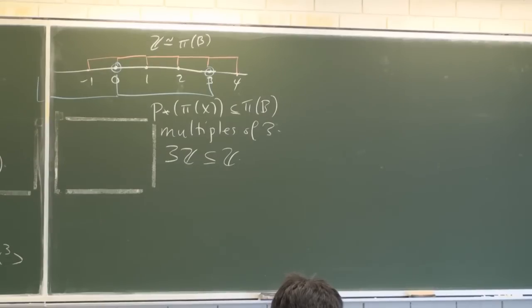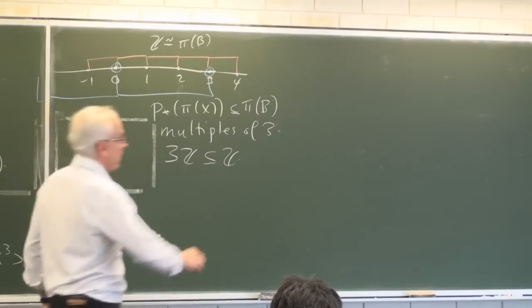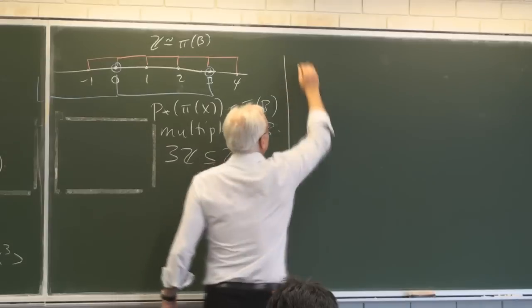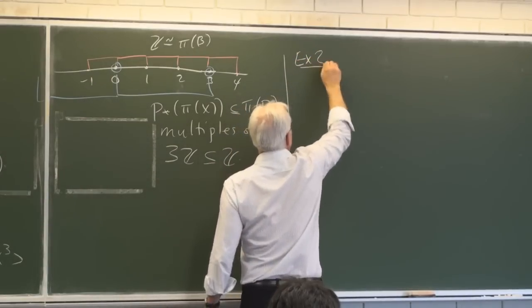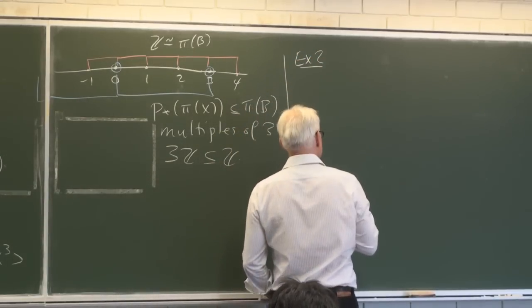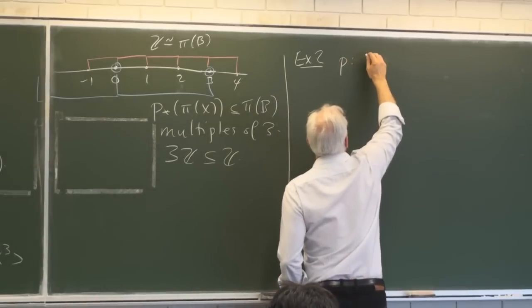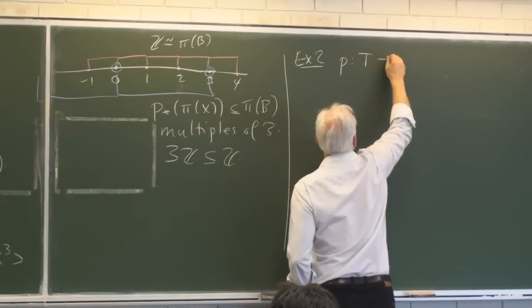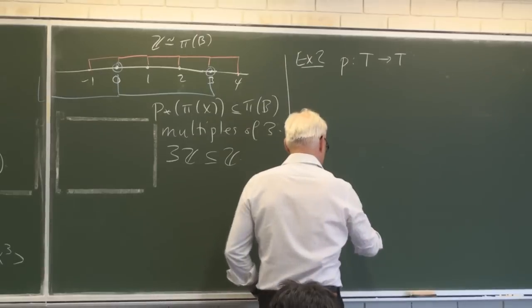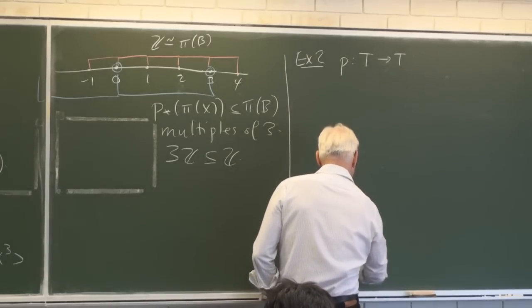Let's look at another example. So example 2. Suppose we consider the covering P from a torus to the torus, given like this.